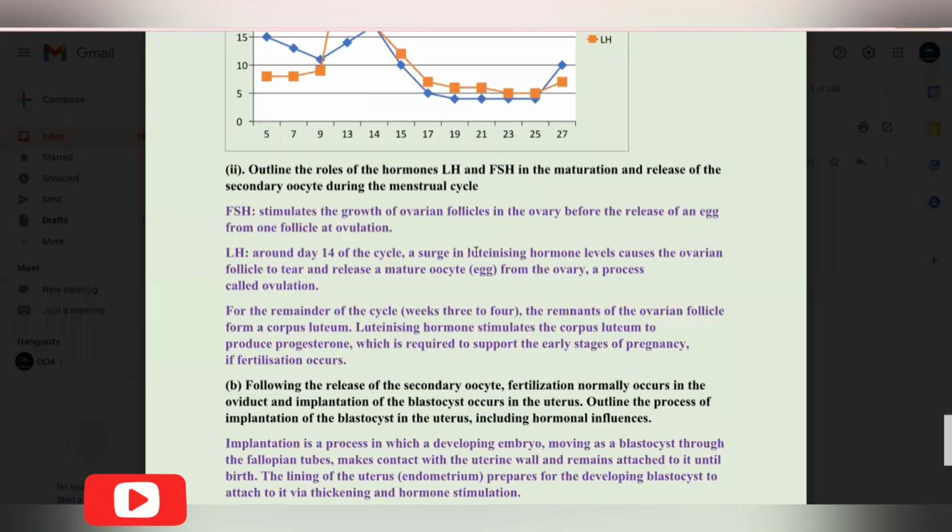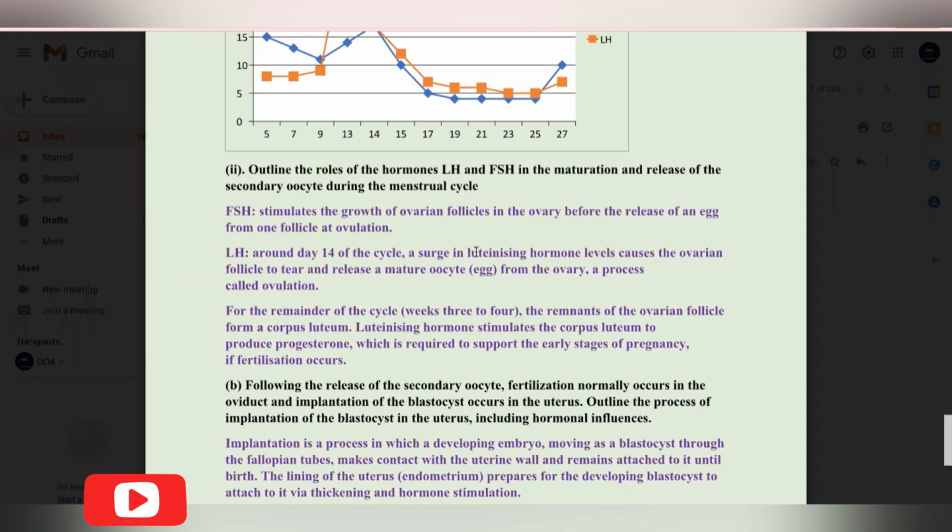The next thing you should be considering is, what is the menstrual cycle? Recall, the menstrual cycle is a 28 days series of events controlled by hormones. Recall, there are 4 main phases of the menstrual cycle, and these include menstruation, follicular phase, ovulation, and luteal phase.